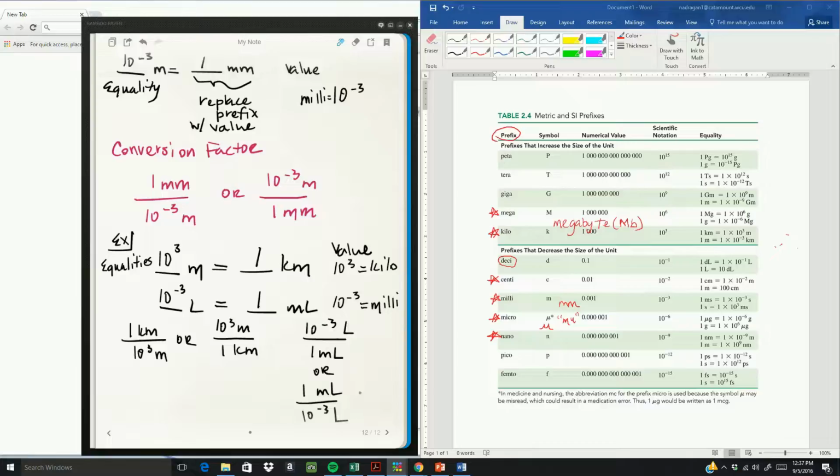So what you'll notice about this is that the prefixes, as long as they're the same, they result in the same value. So both examples that we did here for milli, they're the same value. They're both 10 to the negative 3. So keep that in mind when you guys are doing problems.